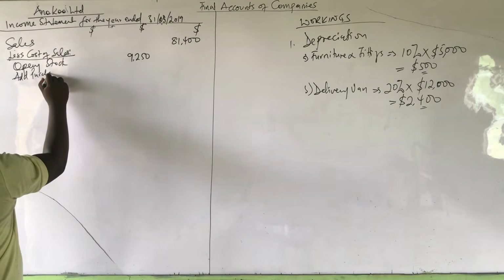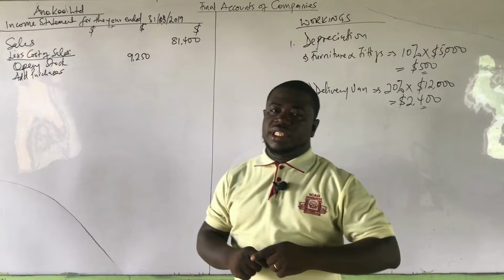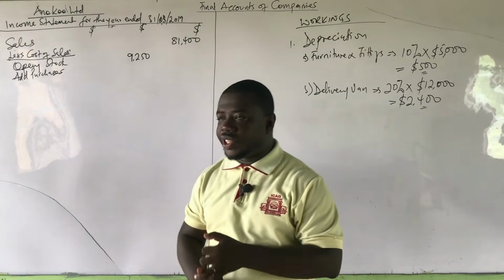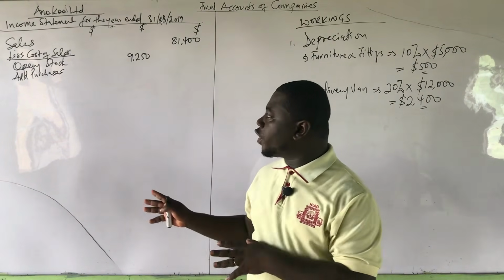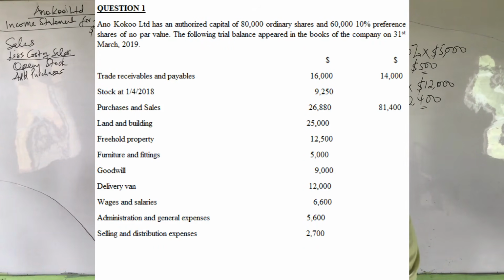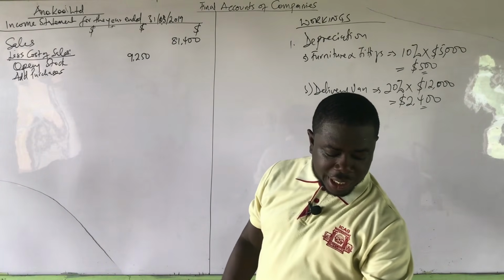Then we add our purchases. Now we all know that over here we need net purchases to add. But in this question, there were no adjustments on purchases. There was no carriage inwards, there was no returns outwards or purchase returns. There was no goods duty or freight charges, nothing. So all we can agree on is that the purchase figure that we were given, 26,880, will be the same purchase figure that will be called our net purchase.